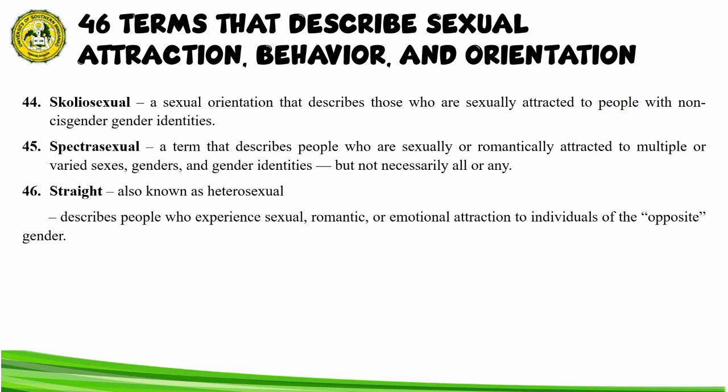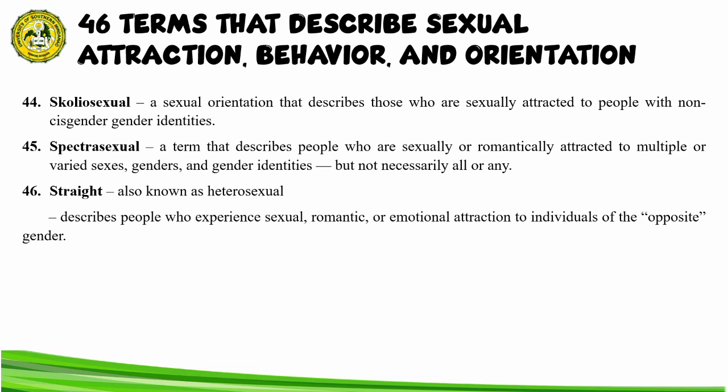In other words, scoliosexual individuals are attracted to those whose gender expression or identity is more fluid, encompassing a range of gender identities beyond the binary. It's important to recognize that people's experiences of attraction and sexual orientation can be diverse, and terms like scoliosexual help individuals describe their specific attraction and preferences.